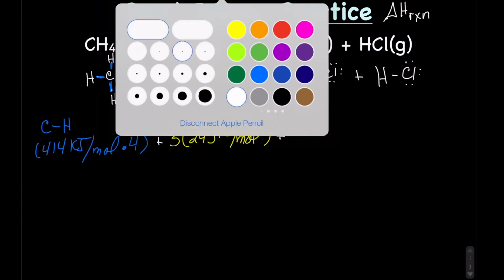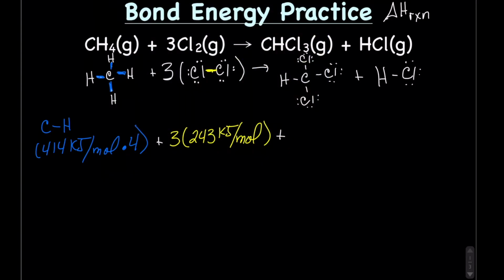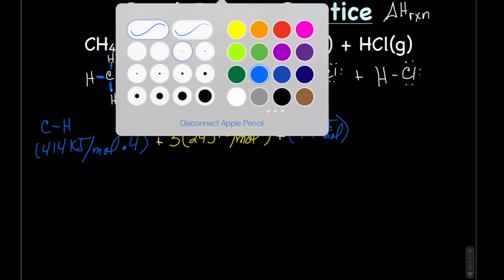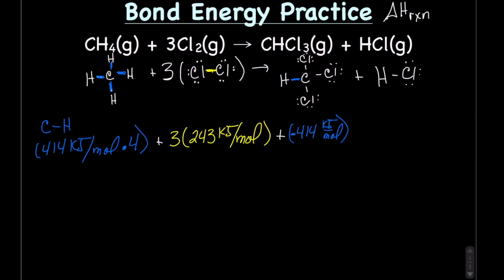Okay, so now on to the product side. We have another CH bond right here, and just one of them. So we already know that that one is going to be 414 kilojoules per mole. But remember, we're now creating bonds, which releases energy. So this 414 is going to be a negative number. And added to that, the same molecule also has 3 C-Cl bonds.